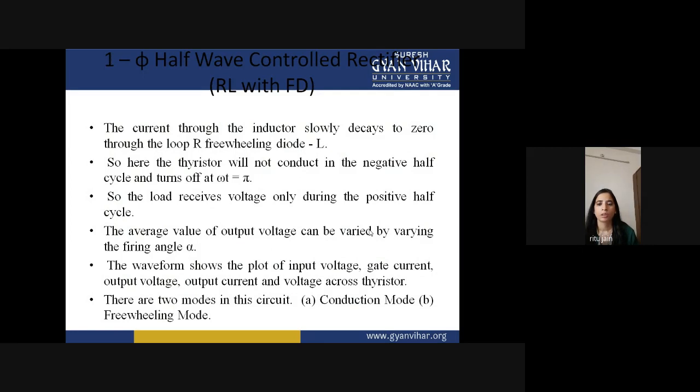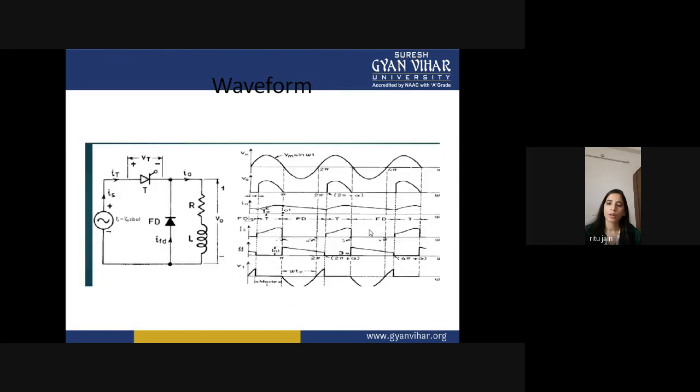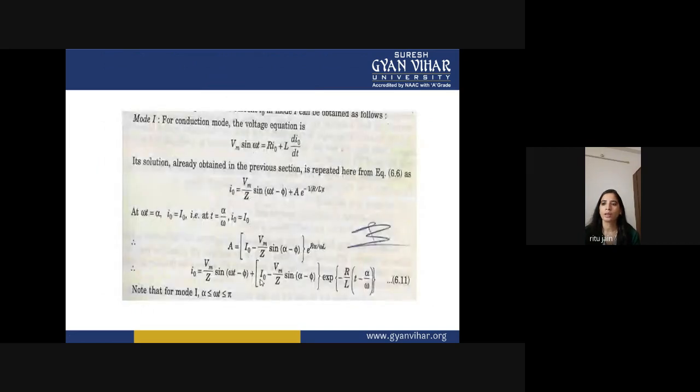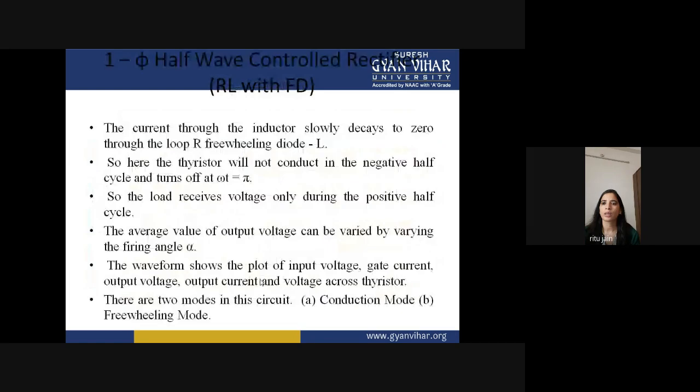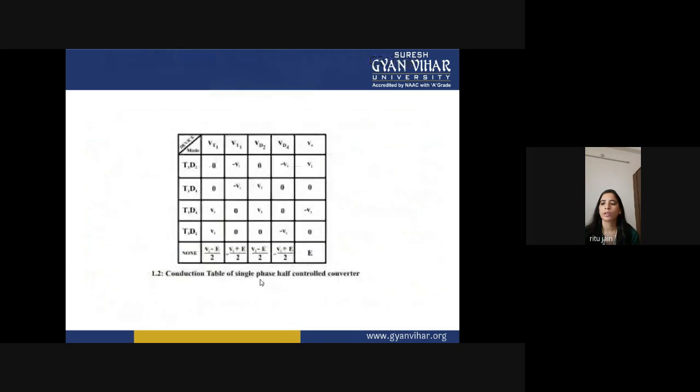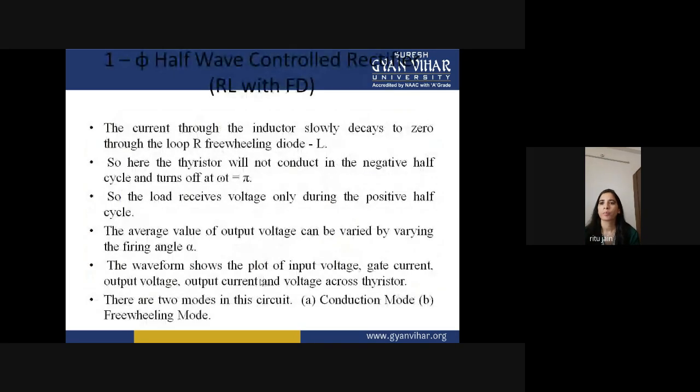This is your continuous conduction mode, and in the diagram I have already explained the input voltage, output current, freewheeling diode, and your thyristor voltage. So I think now it is clear how a converter behaves with an RL load.